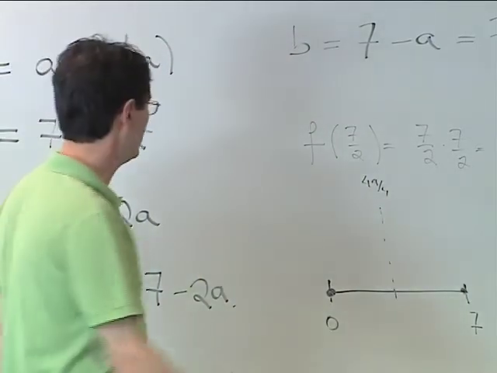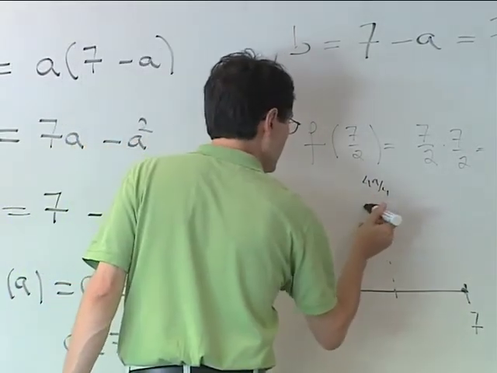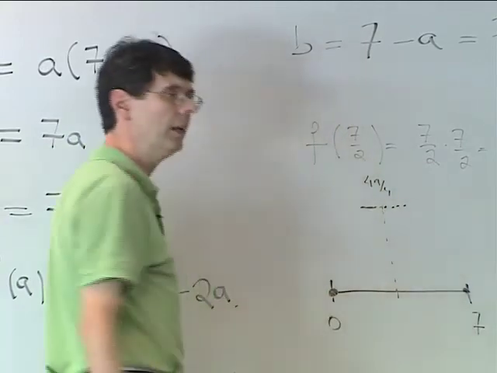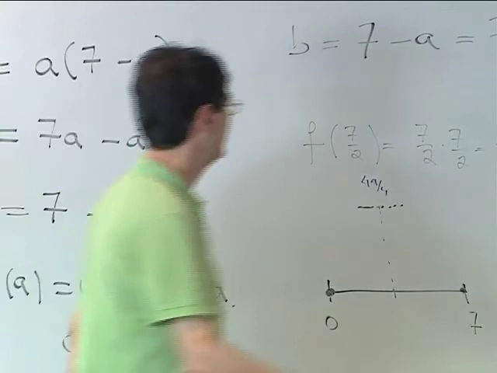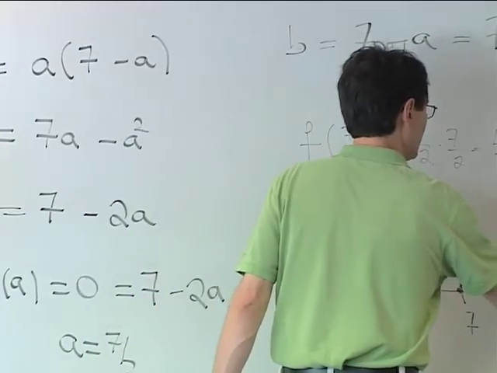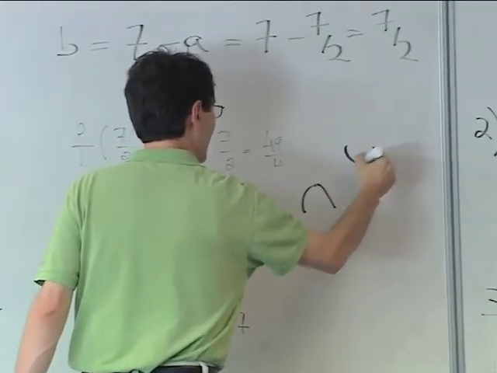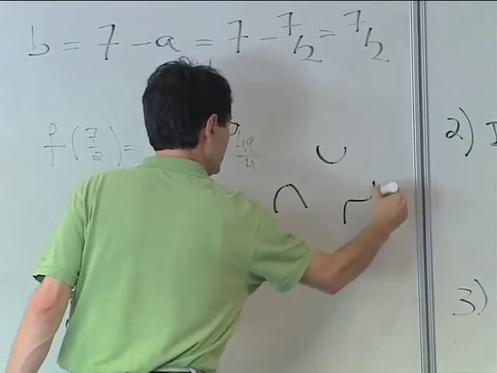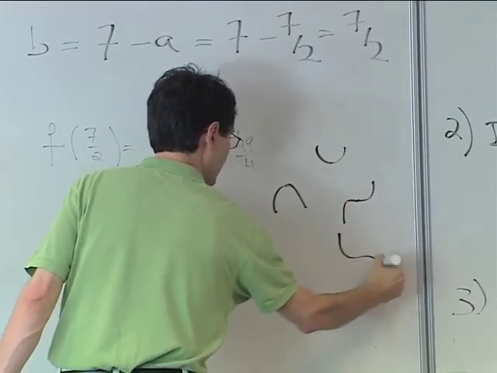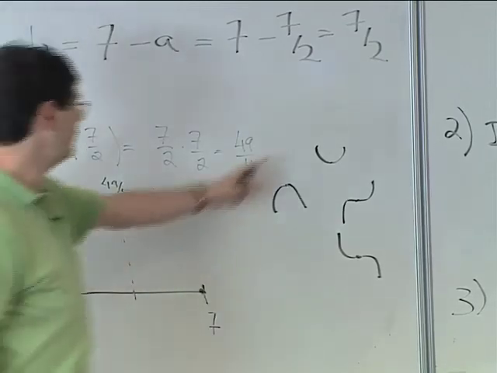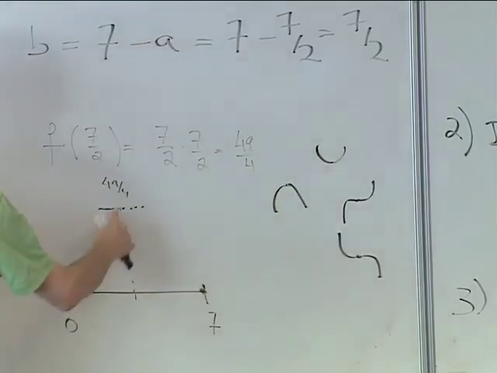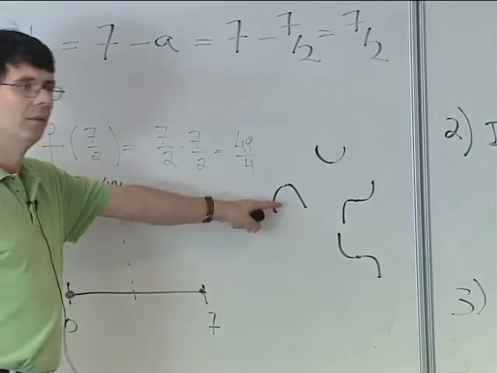And I do know that slope here is 0. Remember the 4 pictures you can have? You can have a picture like this, a picture like that, a picture like this, and a picture like that. Now you have to fit one of these 4 pictures on these 3 points here. And you can see that the only picture that will fit is this.